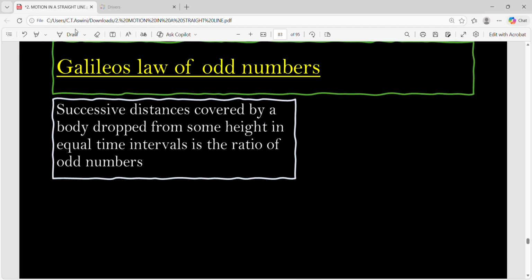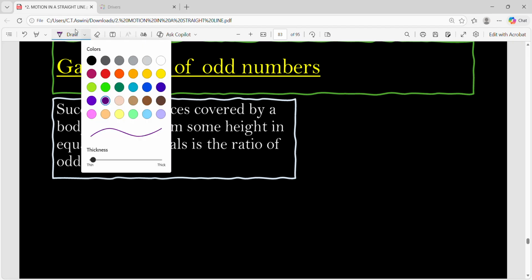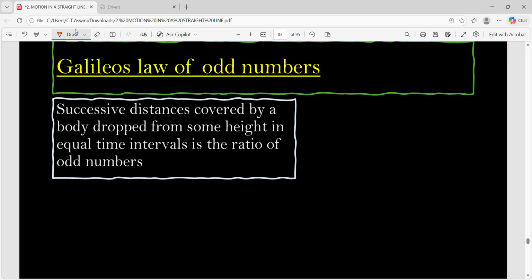Now we'll see the next concept, Galileo's law of odd numbers. Read this point. Successive distances, one after the other, covered by a body dropped, that means initial velocity 0, from some height in equal time intervals, that means time gap is same, will be in the ratio of odd numbers.